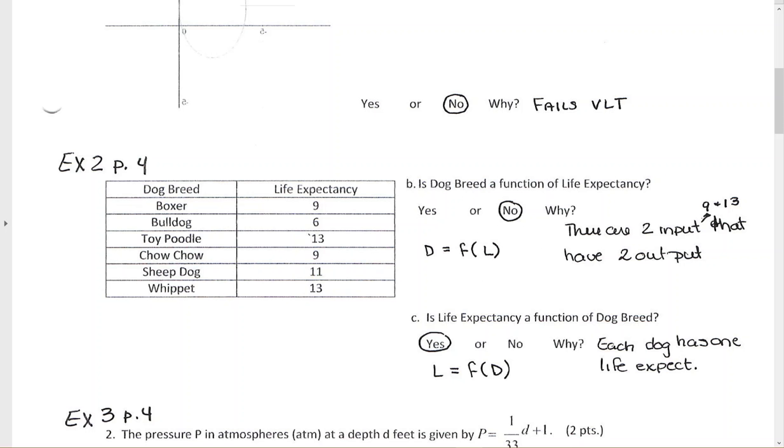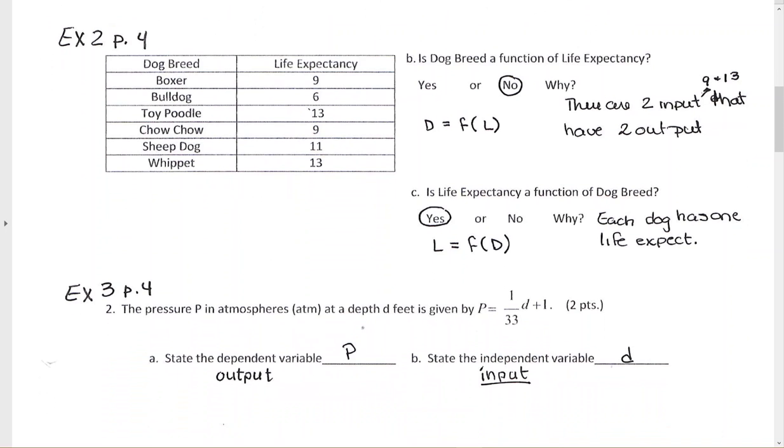If you think about this and draw up a picture like we did, life expectancy is the input. So I've got life expectancy here mapping into dog breed, the output over here. That's what letter B is asking. And I can see the number 9 is getting mapped into 2 different dog breeds. So in this case, it is not a function.